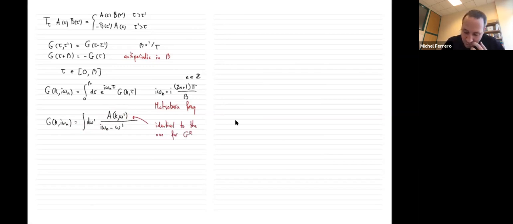So you see those two functions, the Matsubara G in imaginary time and imaginary Matsubara frequencies, and the retarded one, they come from the same spectral function. And actually, if you want, the spectral function defines through that transformation a function G all over the complex plane.